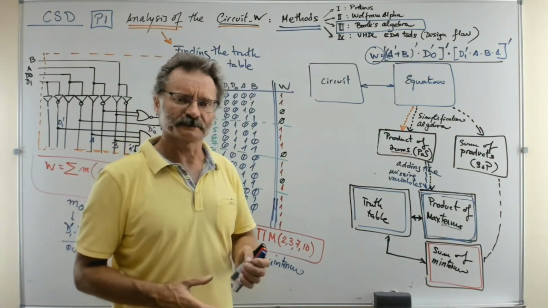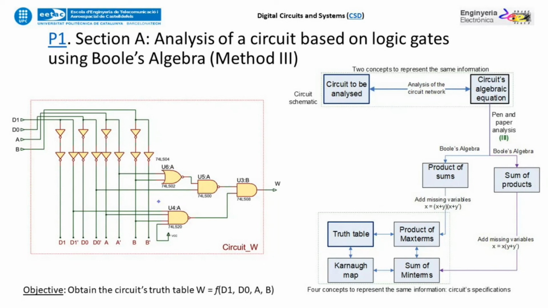All right? Okay, so in the end, what is left perhaps is simply to compare the solution that you've obtained here by this method 3, the truth table, with the other tables that you found using method 1 and method 2, right? That's a possibility now, to be sure that everything is all right.